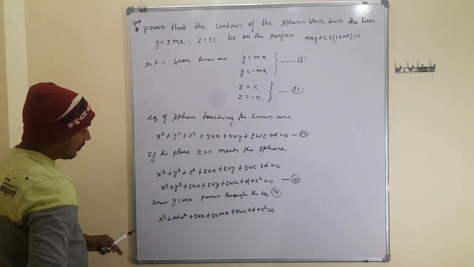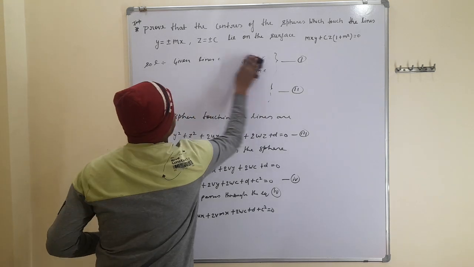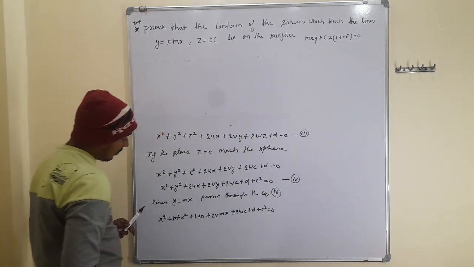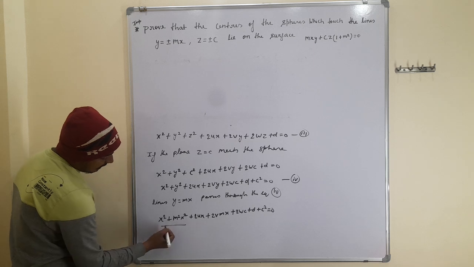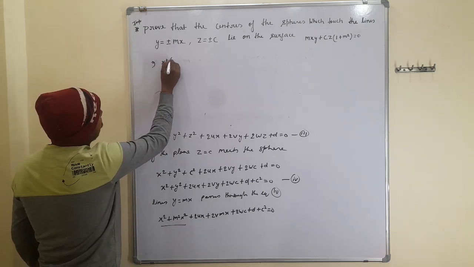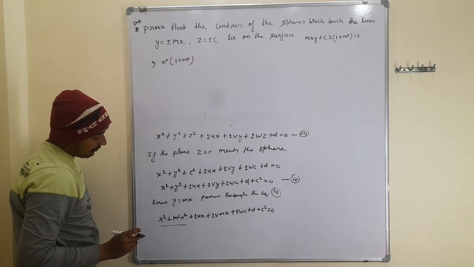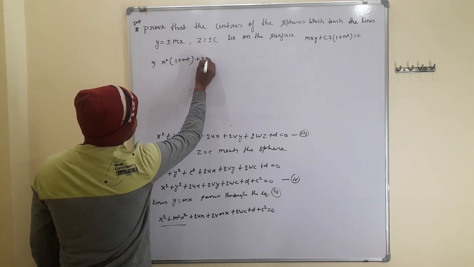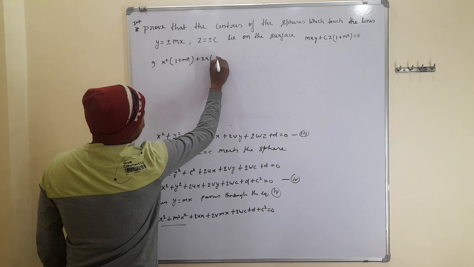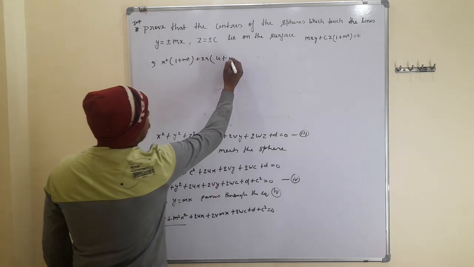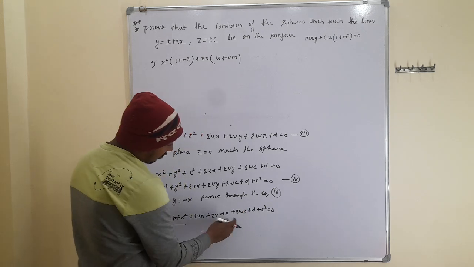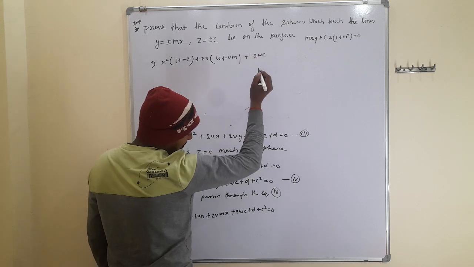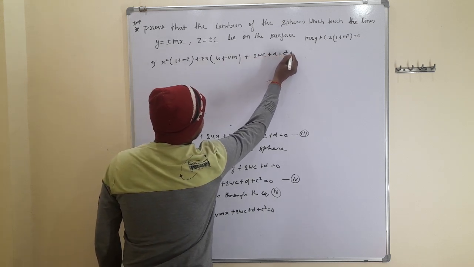We have to arrange the above equation. Taking x square common, that is 1 plus m square, and from here taking 2x common, that is plus 2x, and remaining is u plus vm, plus 2wc plus d plus c square equals 0.